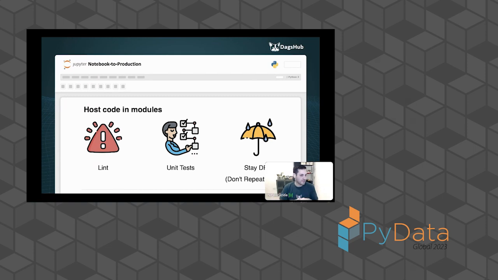So first and foremost, we can use static code analysis tools to flag programming errors and bugs. We're going to be able to run unit tests on the functions to make sure that we don't fail in production. And we're going to stay DRY, meaning we're not going to repeat ourselves. We can now easily use pieces of code in this notebook or in any other notebooks that we open in this project or other projects.